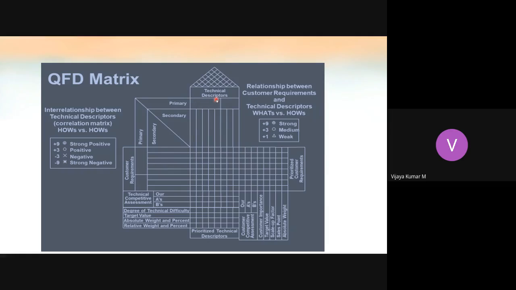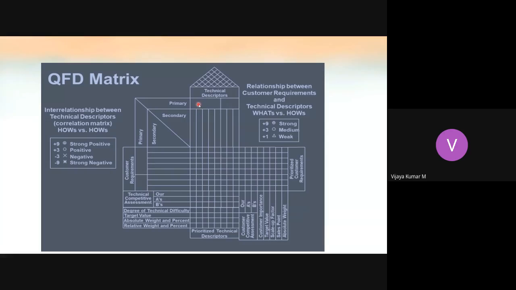Similarly, you have technical descriptors here. Technical descriptors also have primary information. For example, material: some material you are using for the bicycle, it could be some carbon steel, something like that. And if it is a composite, then for that composite material, what is the grade of the composite material? That could be the secondary information.